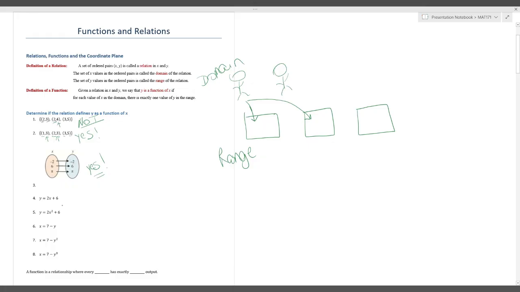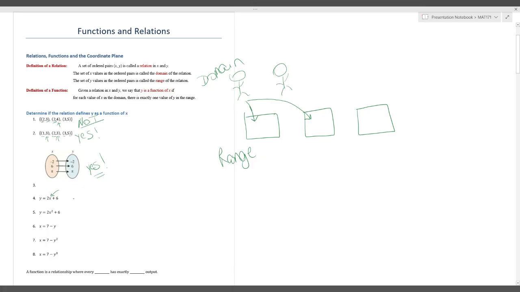So let's think about these now. So now we have them in this equation function. So think about values of x. Think about different values of x that you could put in here. Each time you put a value of x in there, will it give you a different y value? So try a few.